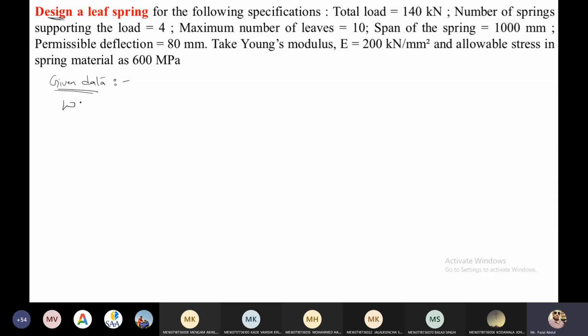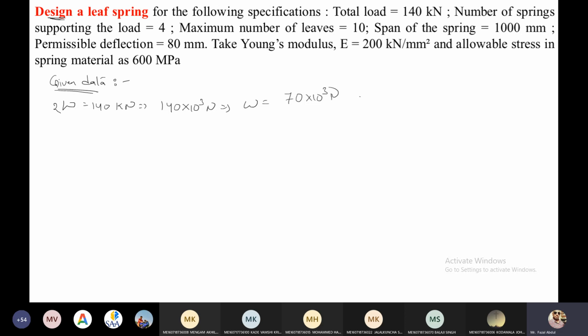Total load is given as 140 kilonewtons, that is 140 into 10 to the power of 3 newtons. This is treated as 2W, because whenever we apply the load on the leaf spring we consider 2W, as two sides we are applying. So W equals 70 into 10 to the power of 3 newtons.